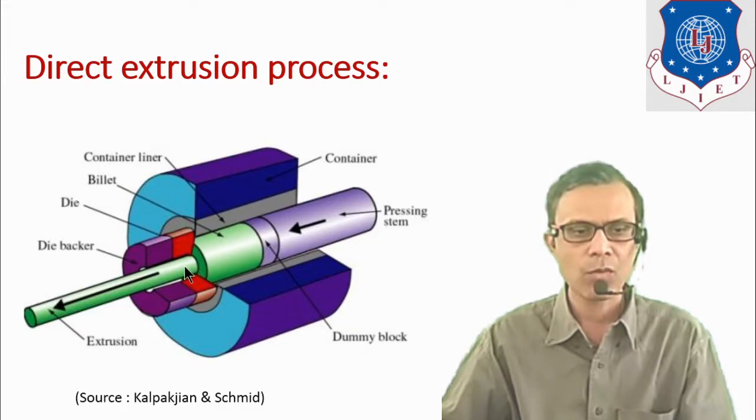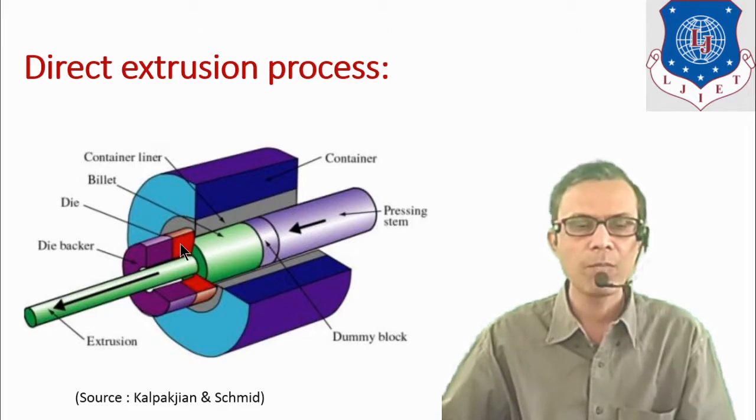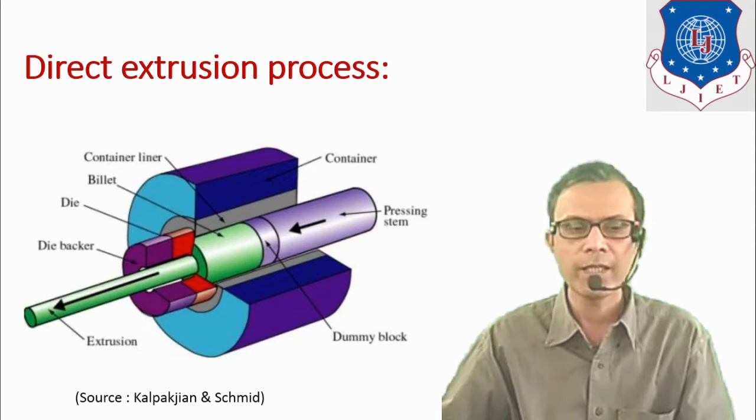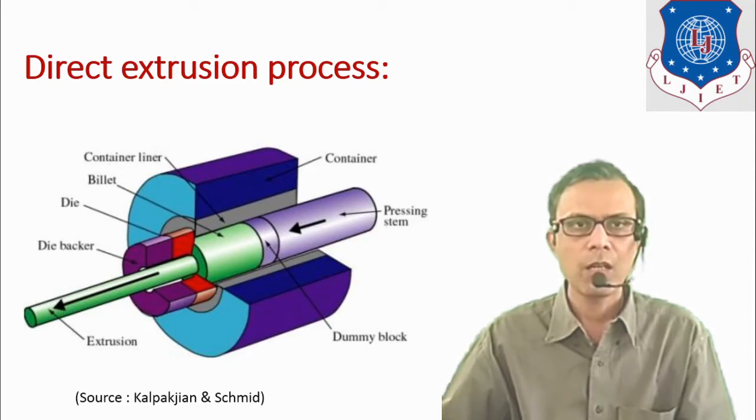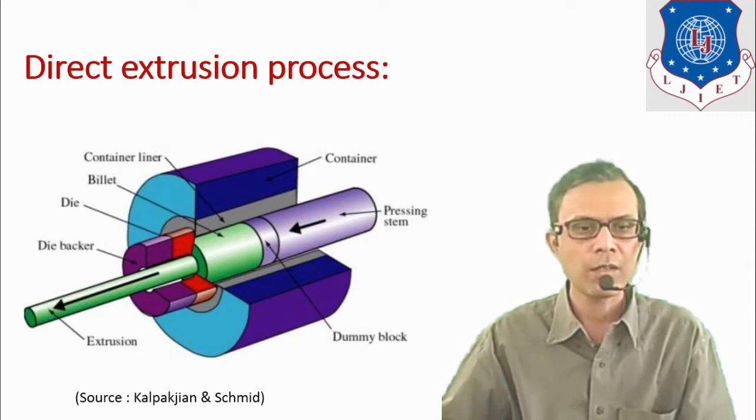Billet is shown by this green color. The front portion of this ram or plunger is known as dummy block. The die is shown by this red color. At the front part of this die, this part is known as die backer, which is used to support the die. Now let's see how the process occurs.